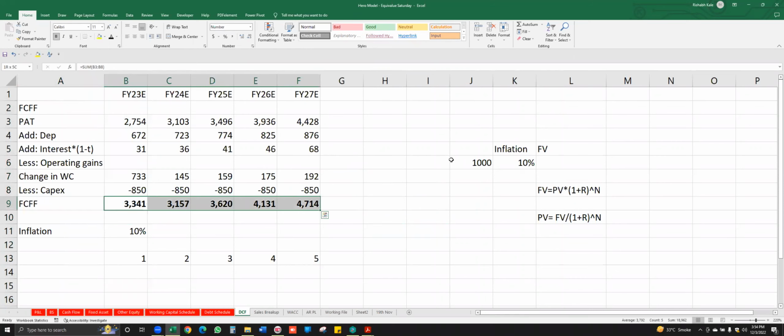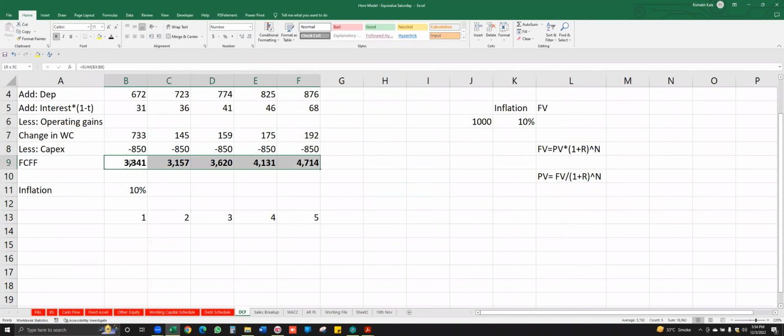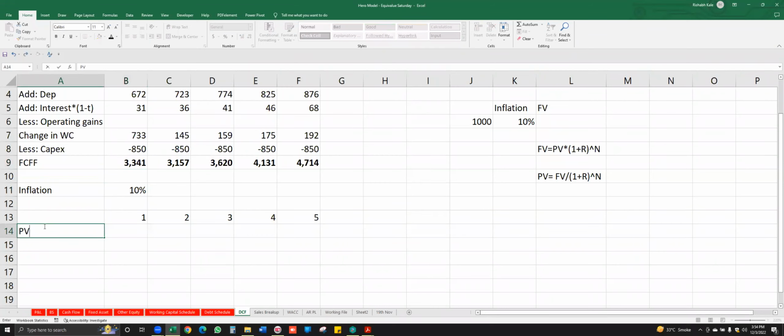Now, this is what we have forecasted. So if I tell you that 343 is the value after 1 year, inflation is 10%, what will be its present value? Can you find the present value?